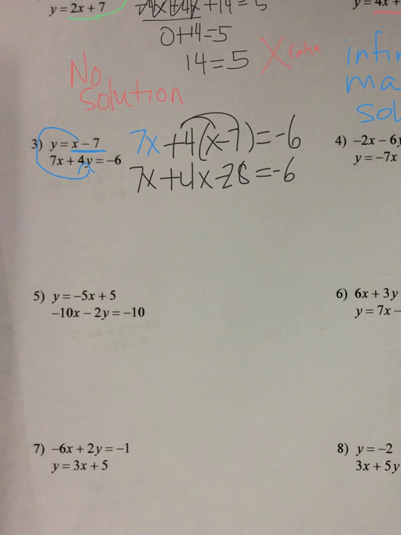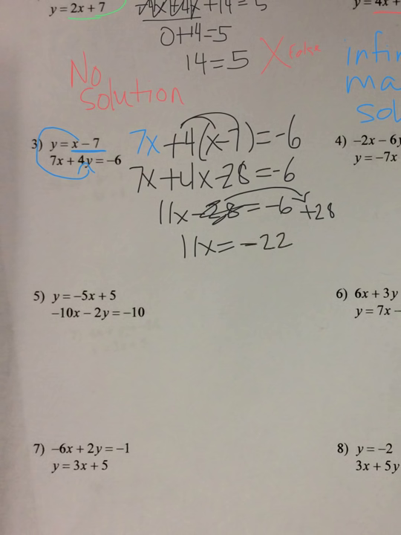I combine, that's going to be 11x minus 28 equals negative 6. And then I move this over here, so it's plus 28. And it's 11x equals 22. Oh no, not negative, it's positive, sorry. Divide by 11, x equals 2.